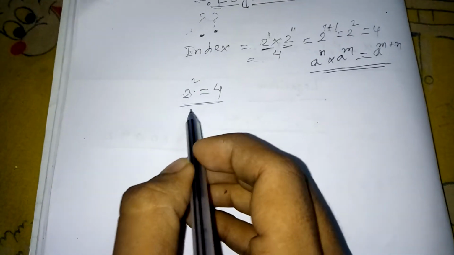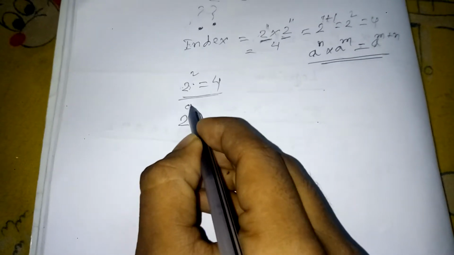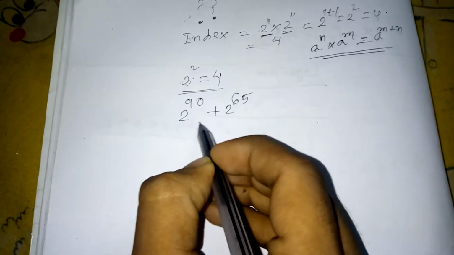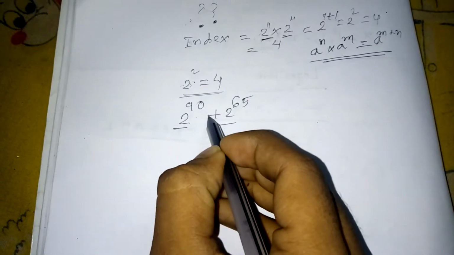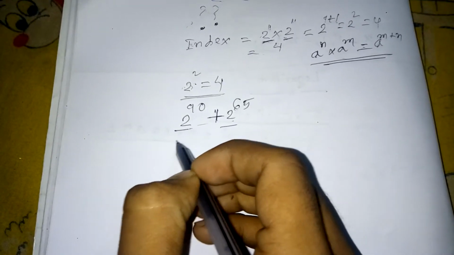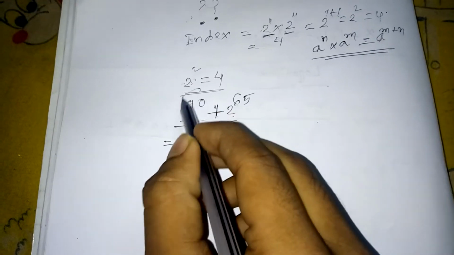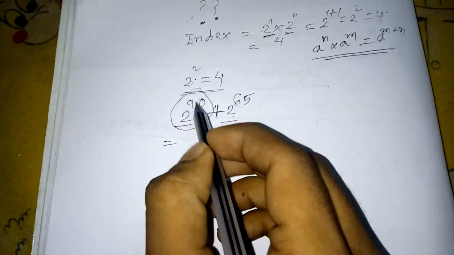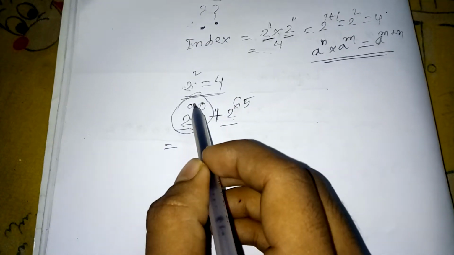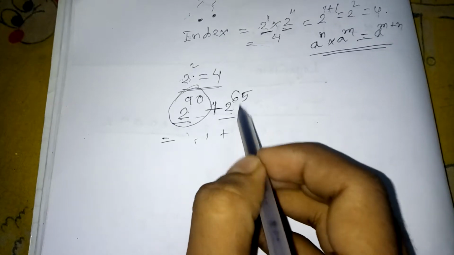Now it is very difficult when we take such examples as 2 to the power 90 plus 2 to the power 65. If we have to sum these two numbers, there is a major difficulty, because firstly we have to calculate 2 to the power 90, then after getting the value we have to add 2 to the power 65.